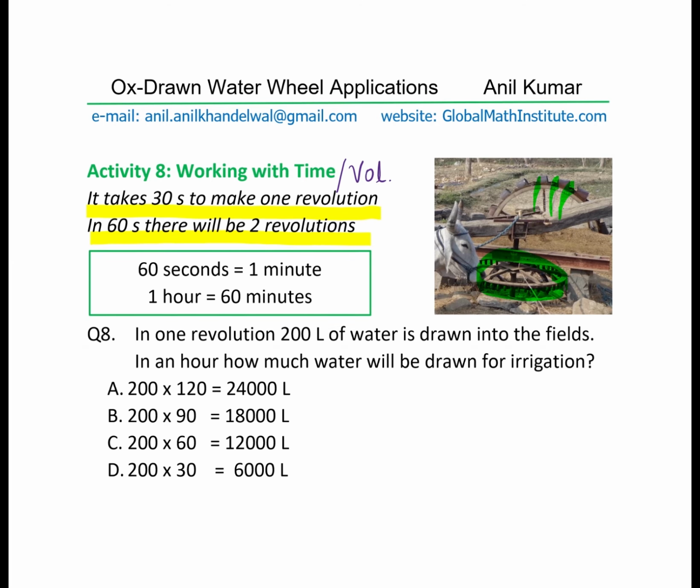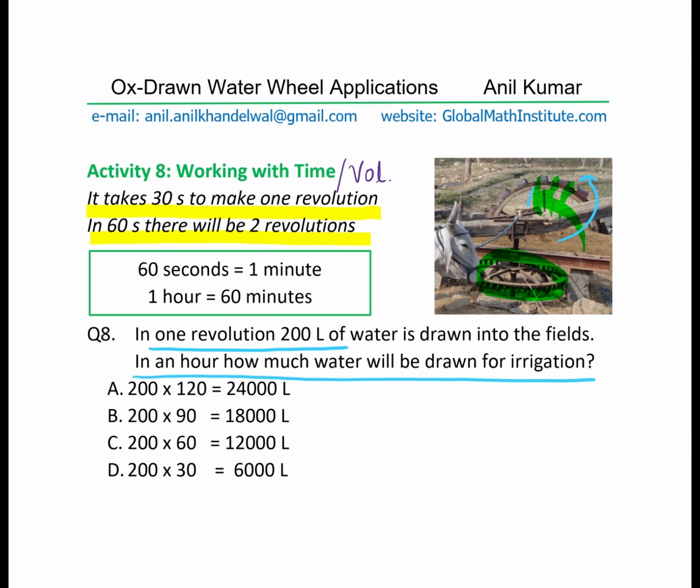So this wheel is rotating, and then you get water, and this water flows into the fields. So that is how the system works. And we are saying in one revolution, 200 liters of water is drawn into the field. So in an hour, how much water will be drawn? That is what you need to figure out.